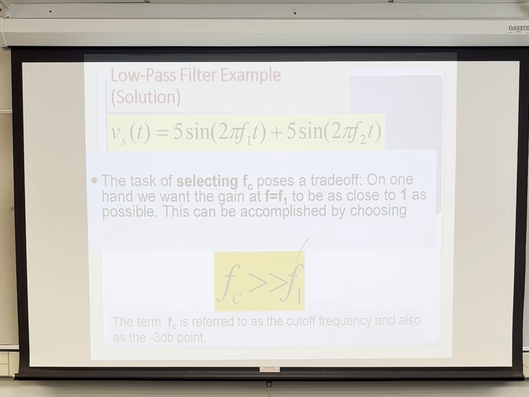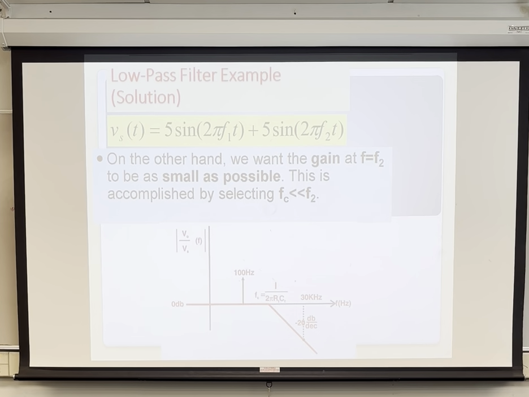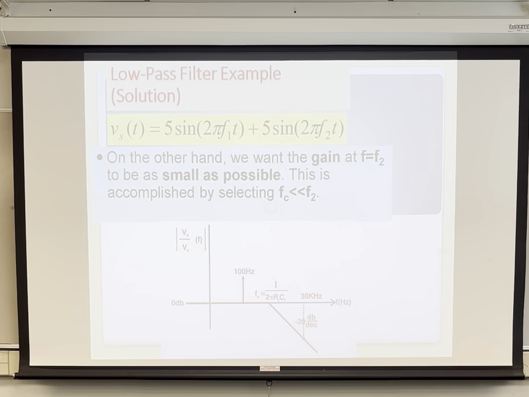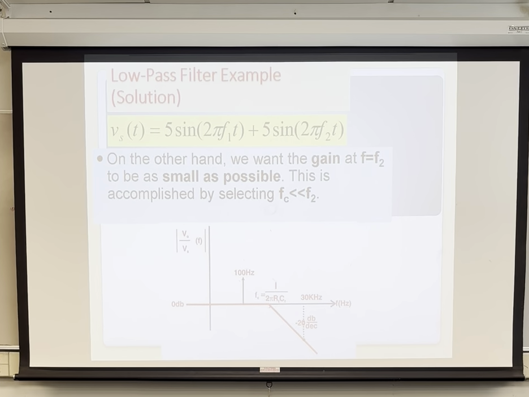And you don't want it to be too close to F1, the four numbers in the Z number. You don't want it to be too close to that, or it's actually going to reduce that. Now the other part of it is that the higher frequency, let's say it's 30 kilohertz, you want that to be attenuated as soon as you pass through this minus 3 dB breakpoint.